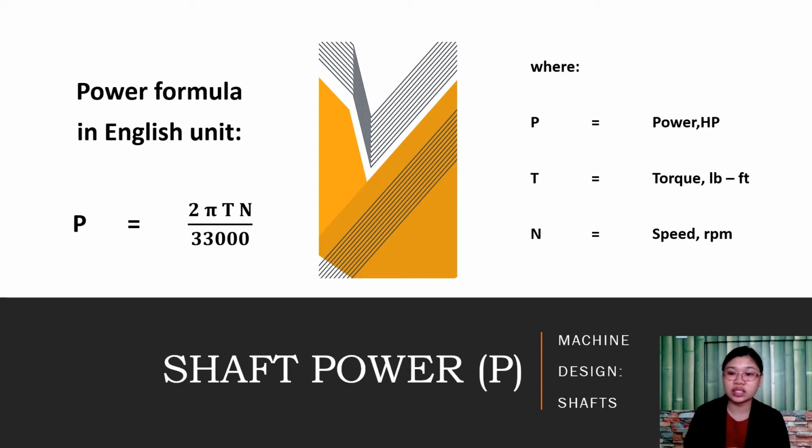Unlike in SI unit, where we use RPS, torque in kilonewton meter, and resulting power in kilowatts, in English unit the resulting power is HP or horsepower, the torque is in pound-feet, and N is in RPM. I hope the difference is clear.